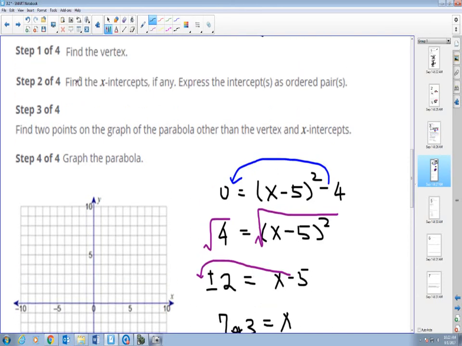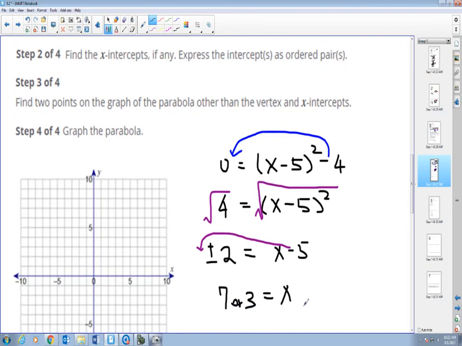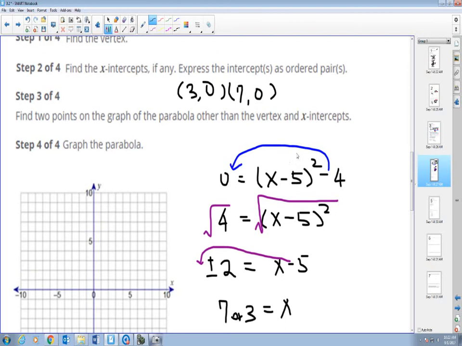Express intercepts as ordered pairs. My true x-intercept means find x when y equals 0. So my x-intercepts are 3 comma 0 and 7 comma 0.